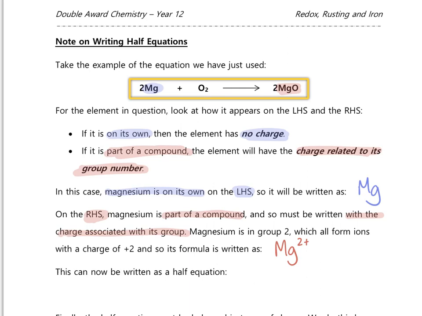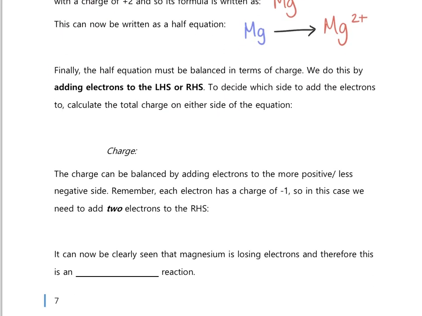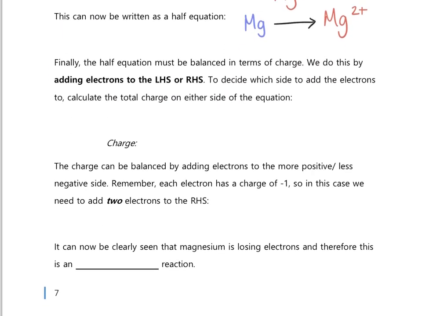So we can start to write that into a half equation. What's happening on the left hand side is magnesium, Mg. I'm forgetting about my oxygen for now, just focusing on magnesium. Mg is forming an ion of magnesium, Mg2+. So there's where our half equation starts. But that's not the full story, because we must balance our half equation.